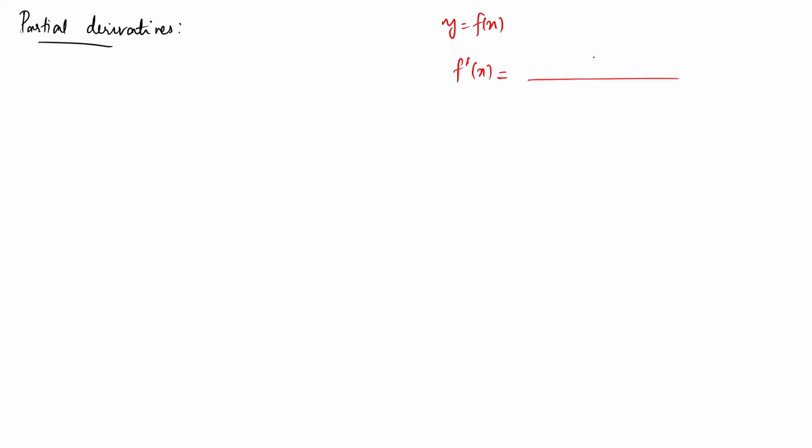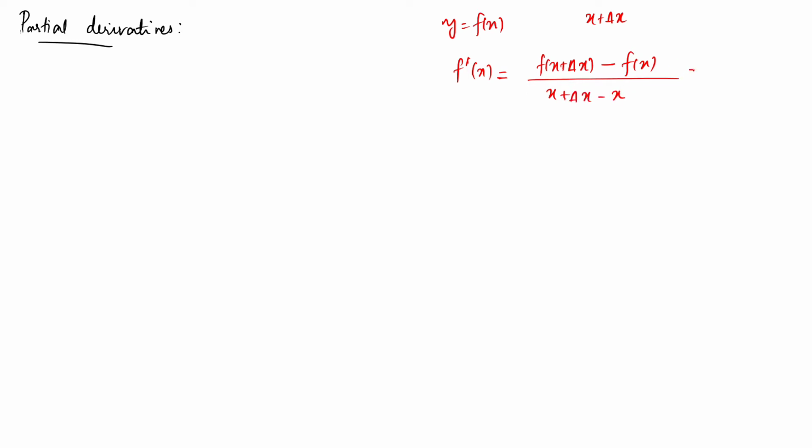Suppose I take x as some quantity and x plus delta x as a very small quantity which is near to x. When I apply this x plus delta x to f, what am I getting? Minus f of x. The same thing, x plus delta x minus x.